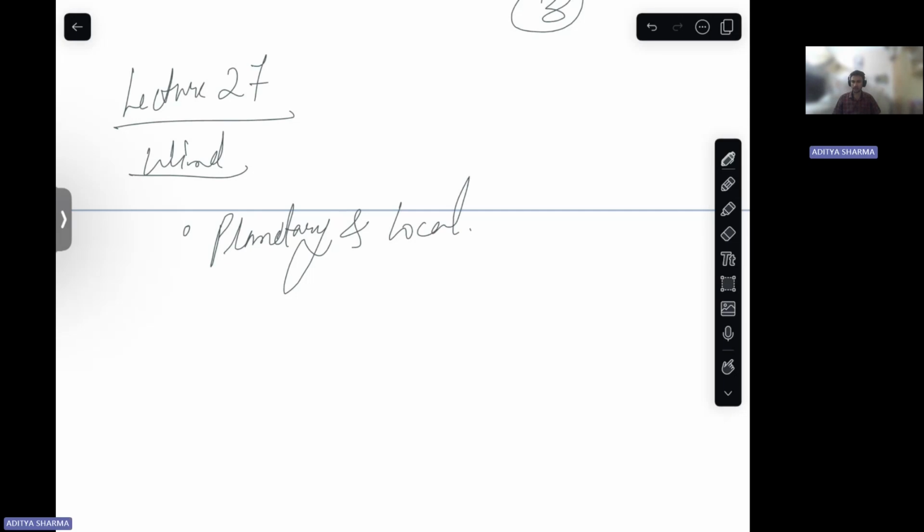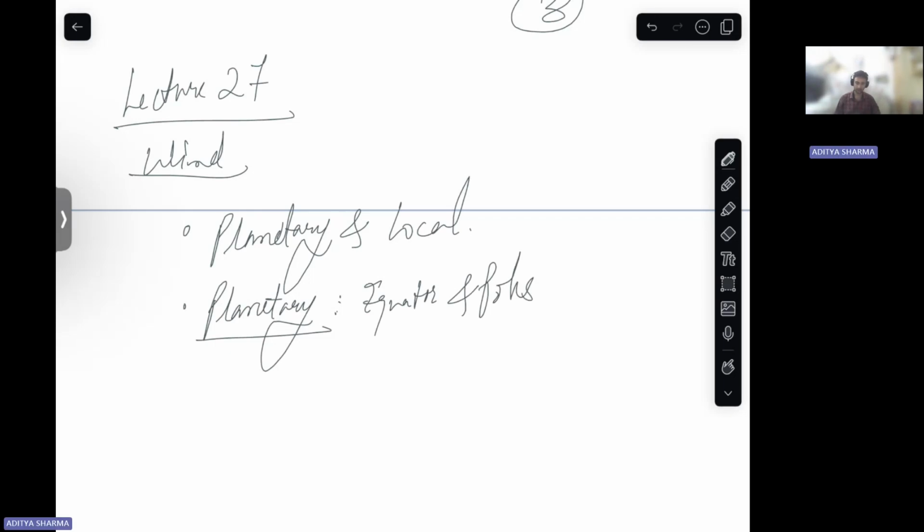Okay. Then there are local winds. Planetary winds are because of differential heating between the equator and poles. Okay.